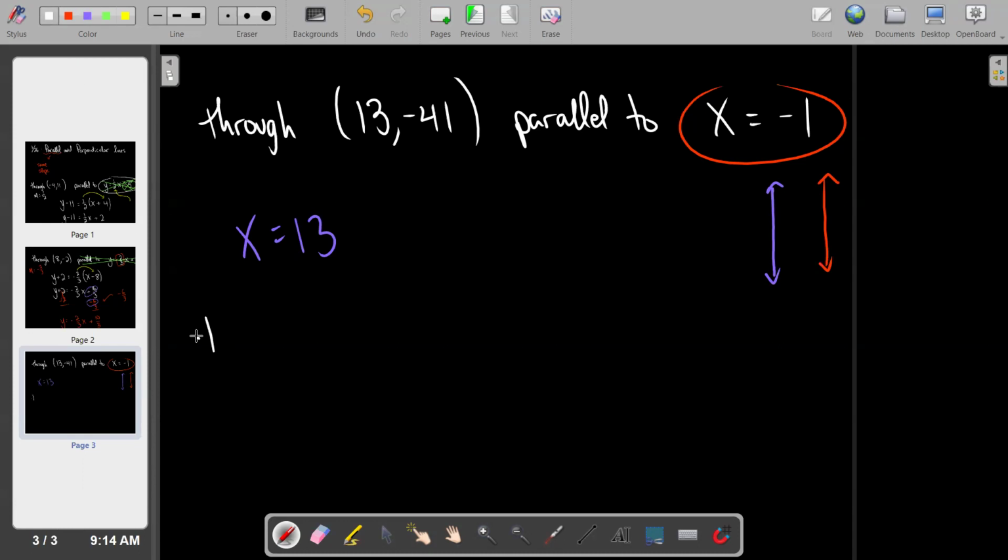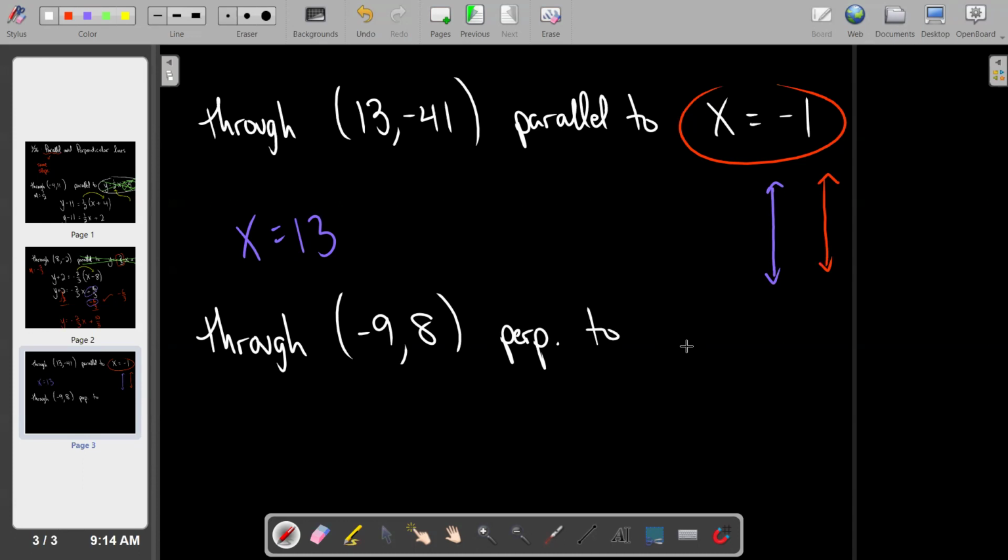And then for our very last one, and then I'll shut up, we're going to go through the point -9, 8, and we're going to be perpendicular to the line x equals 4. I will say again that this is not a math problem. 0% math. Logic. What kind of line did I give you?